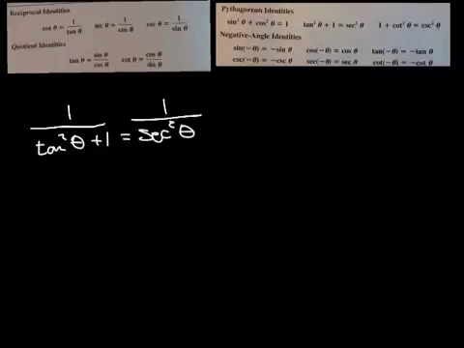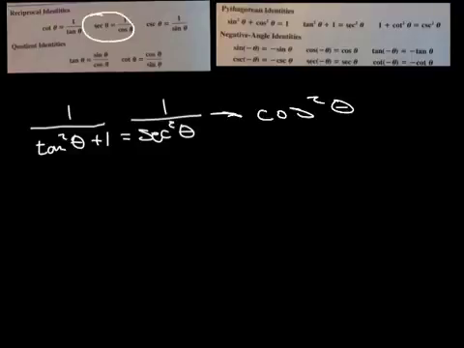So this right here is going to be the same as cosine squared of theta. Remember, secant of theta equals 1 over cosine of theta.